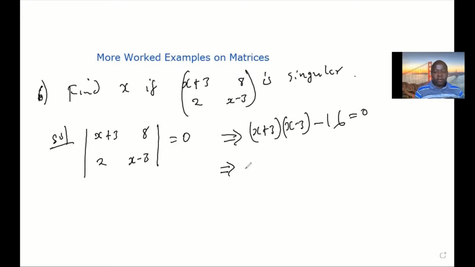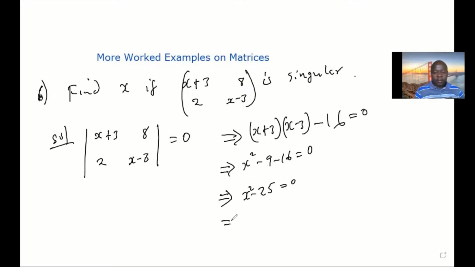This would be x squared, minus 3x plus 3x gives us 0, minus 9, minus 16 equals 0. So x squared minus 25 is 0.